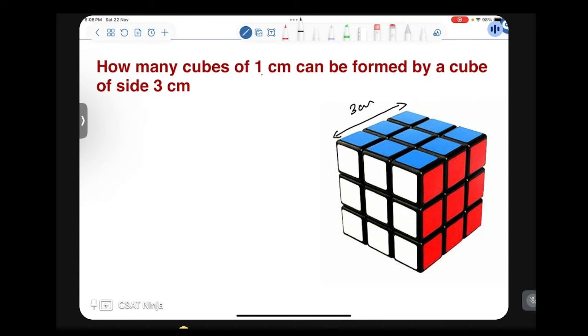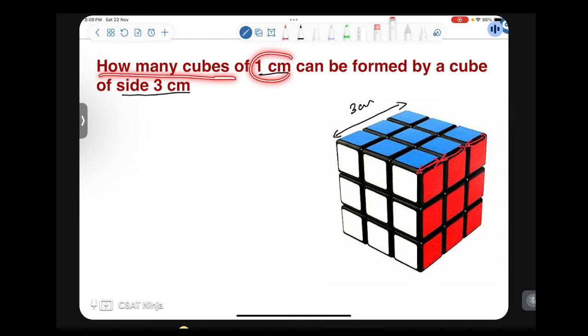How many 1 centimeter cubes can be formed by the cube of side 3 centimeter? That means if I cut this 3 centimeter cube in such a way that I have 1 centimeter cubes each, how many cubes can be formed? So how do we find these values?